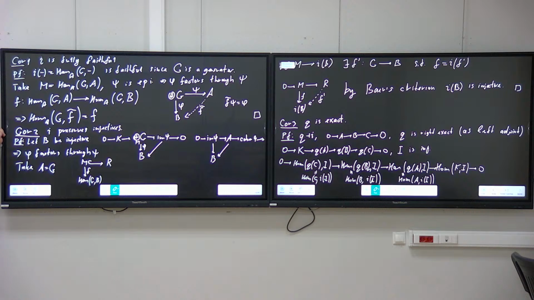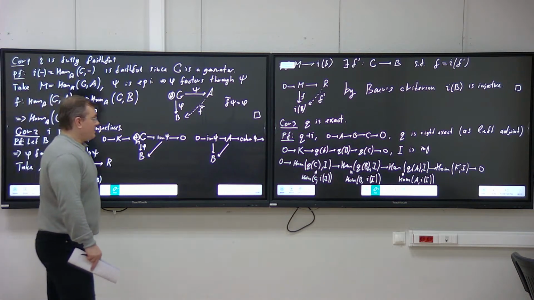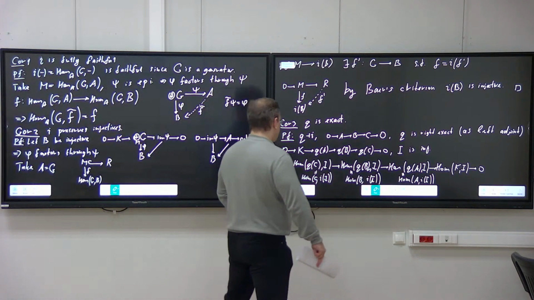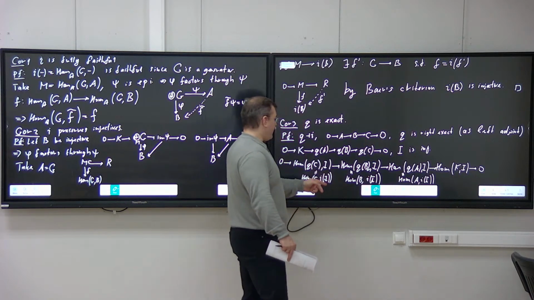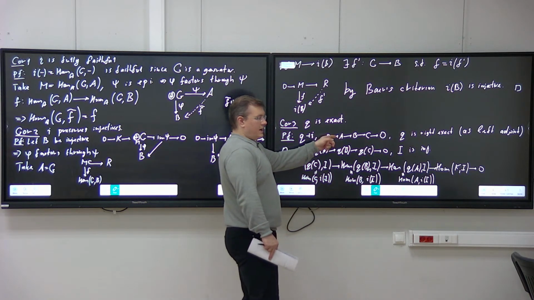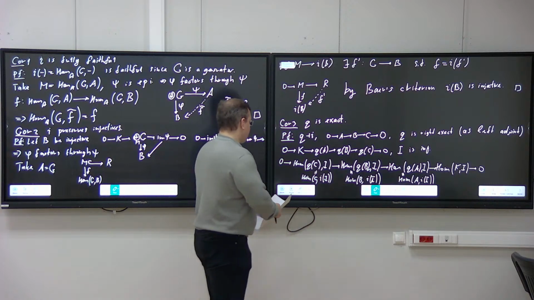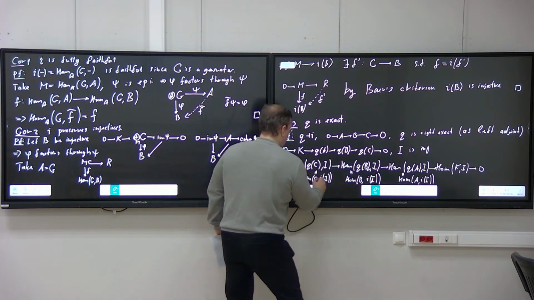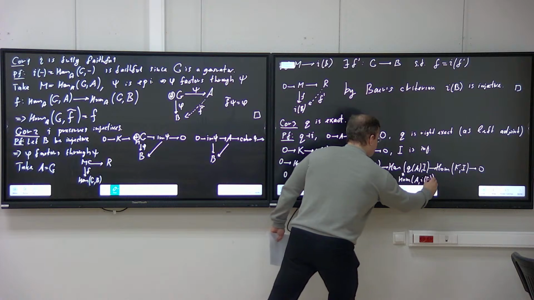Right? So little I preserves the injective. But if this is the case, it means that when I apply Hom into the I of I to the short exact sequence, I still get a short exact sequence, right? So this thing is a short exact sequence.